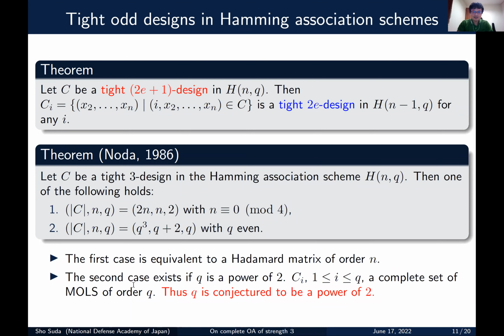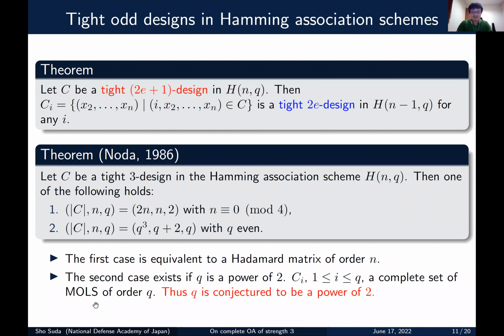In the second case, a complete orthogonal array of strength 3 exists if Q is a power of 2. We can also easily show that each contraction is a complete set of mutually orthogonal Latin squares of order Q. And such complete sets exist.